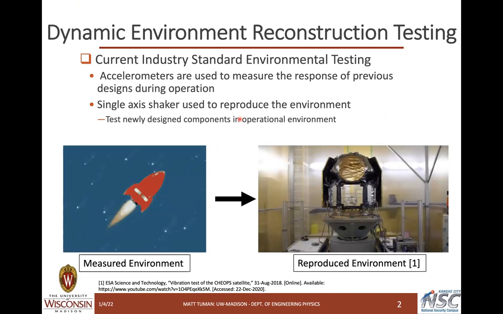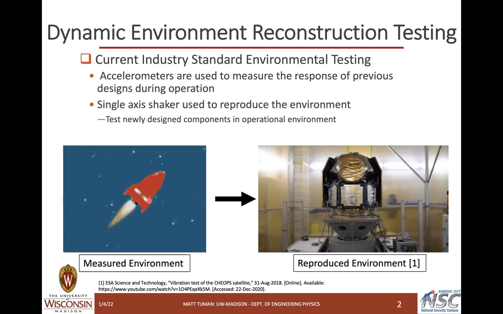So first I'll give a brief background of the motivation and methodology for our work. Ideally, you would like to know if a part or structure will break before putting it into operation, which is the reason for environment response reconstruction testing. One of the current standards for this type of testing is to use accelerometers to measure the operational response of a previously designed structure. An example of this would be using accelerometers to measure the operational response of a rocket at key locations on the structure during launch.